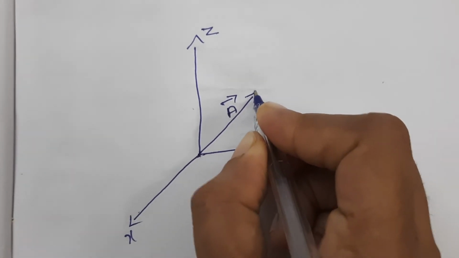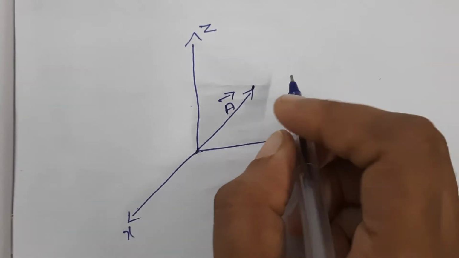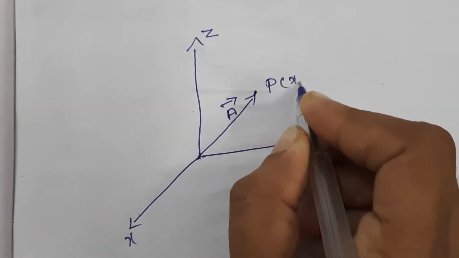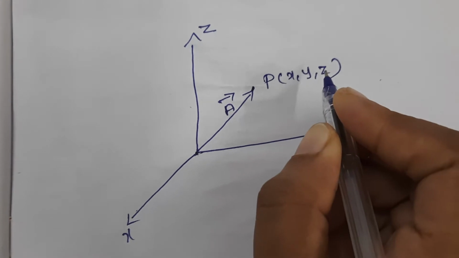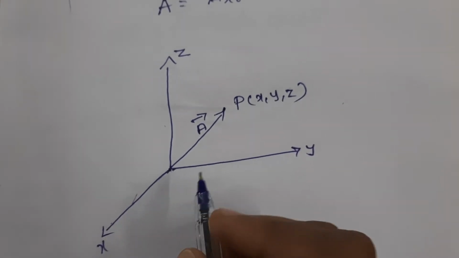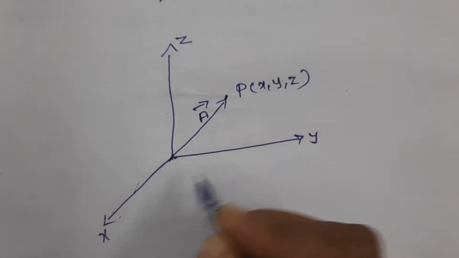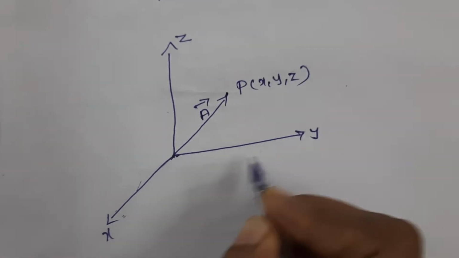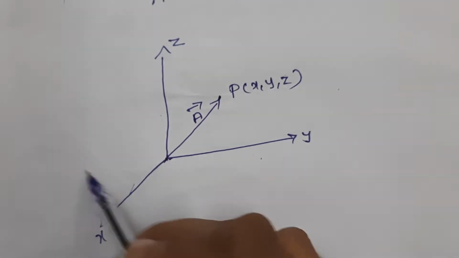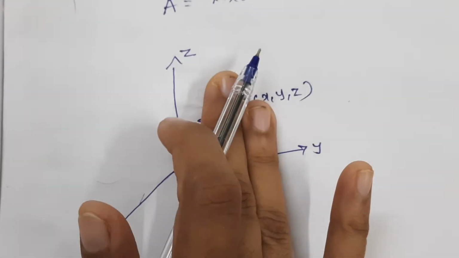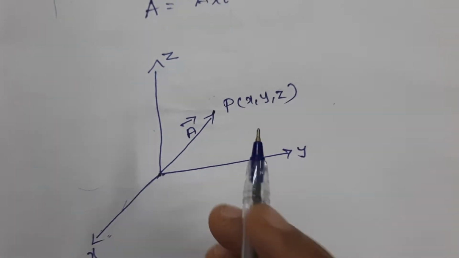Let us see, this is the position of the particular object, P of x comma y comma z. Here first you consider the xy plane. This is the xy plane, this is the yz plane, this is the xz plane.